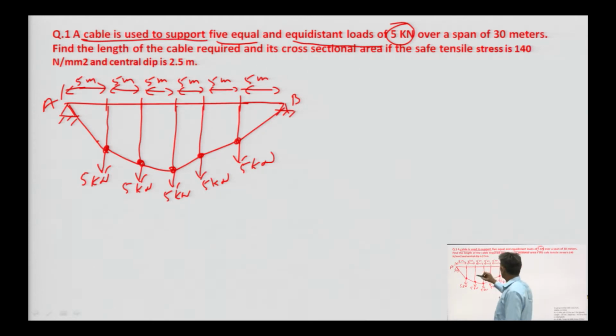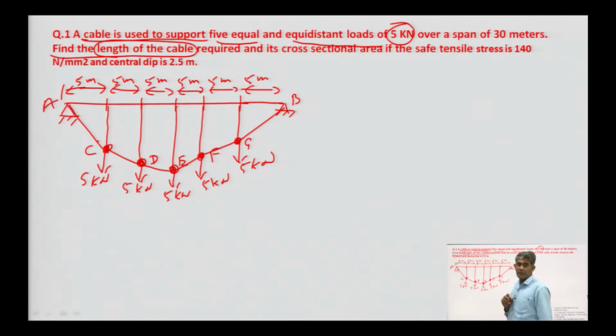Find the length of the cable. We need to find the length of the cable for this arrangement of the loads. Say this is point A, B, suppose this point is C, this point is D, this point is E, F, G. So, what we need to find? The length of cable.